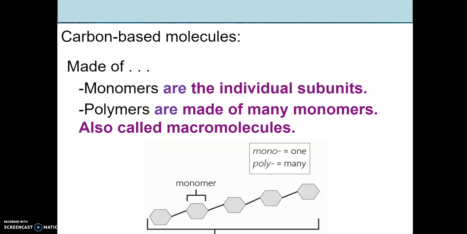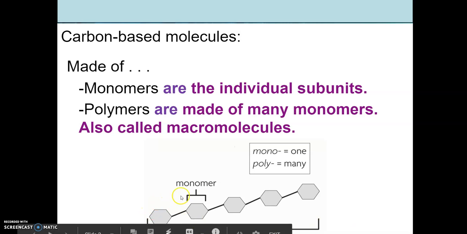Now, the example that you see here of this polymer, I know that this is some type of carbohydrate. The reason that I know that is that I can see the shape of the individual molecules that comprise this polymer. With this one, it looks like the polymer is made up of repeating subunits or repeating monomers. It doesn't have to be, they can be different.